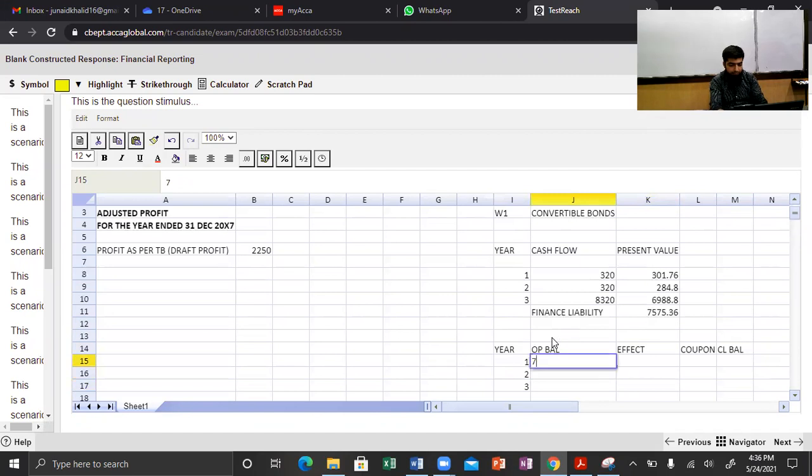Opening balance 7575.836, or we can refer to the cell directly. And the effective rate is 6%, so 6% of that amount.